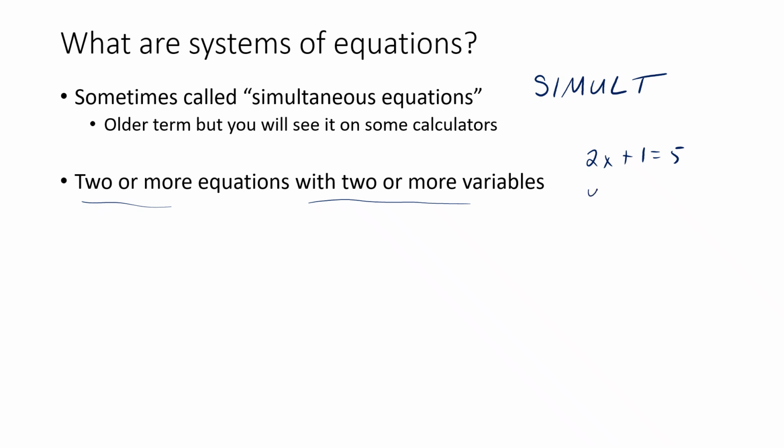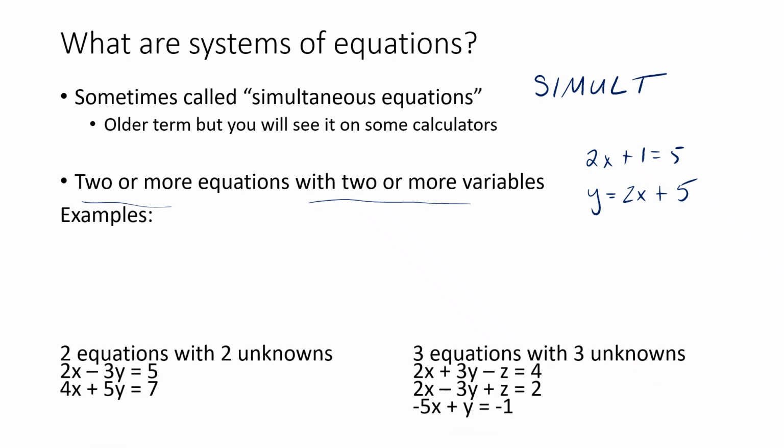Or we might have seen one equation in two variables, and we might be asked to graph it. And we've looked at what solutions are in both of those scenarios with one and with two variables. But with a system of equations, you're actually dealing with more than one equation and more than one variable.